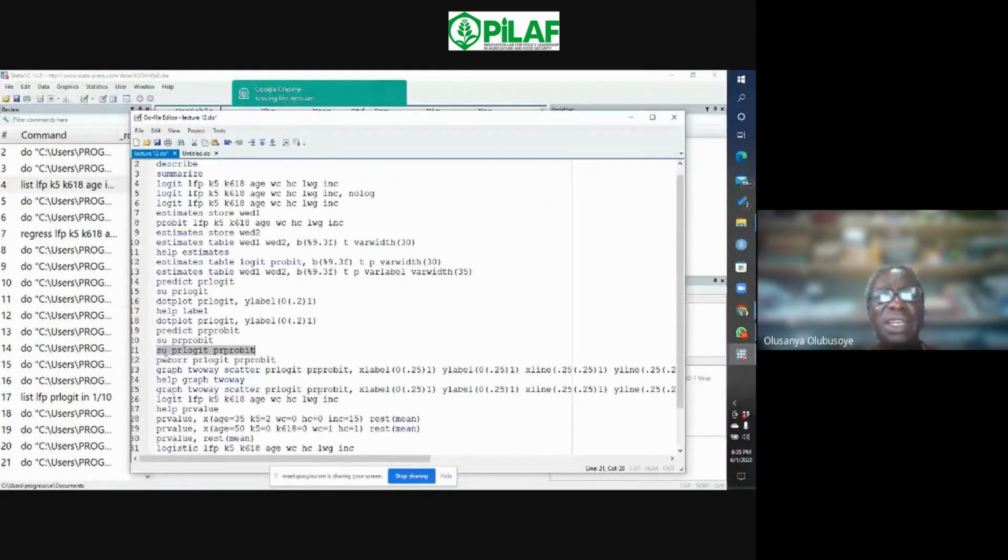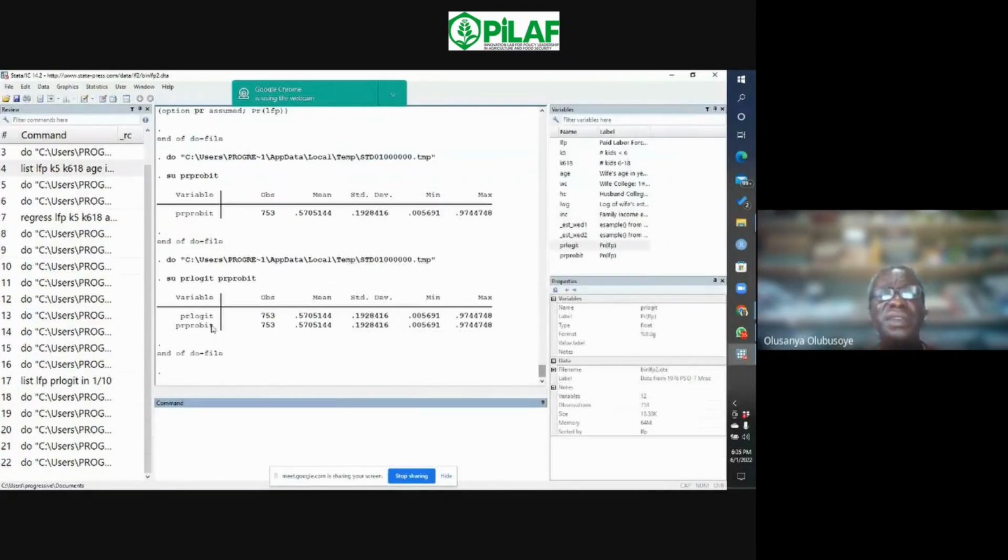So if we combine, let's summarize the probabilities of the logit and the probit. You see that the mean for the two are the same, standard deviation the same, minimum the same.